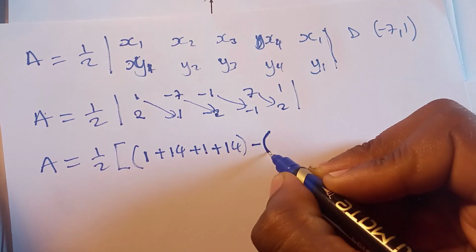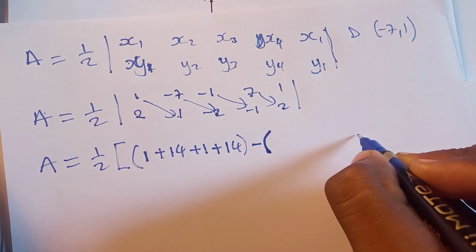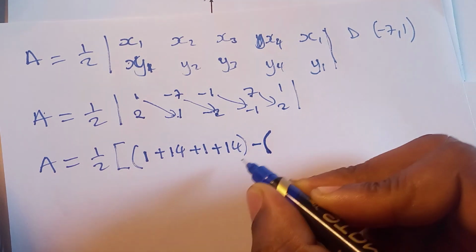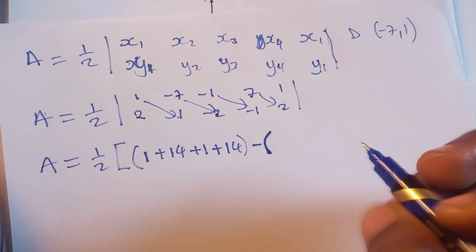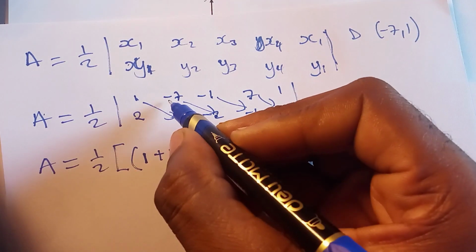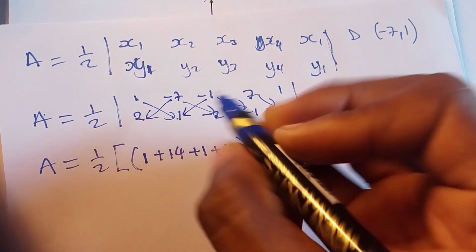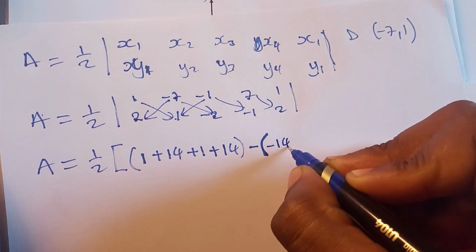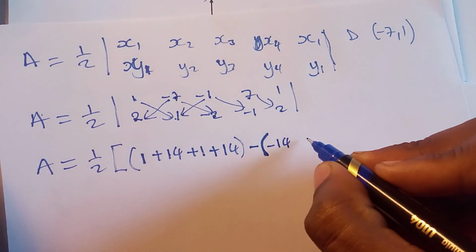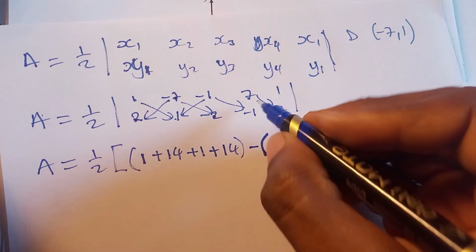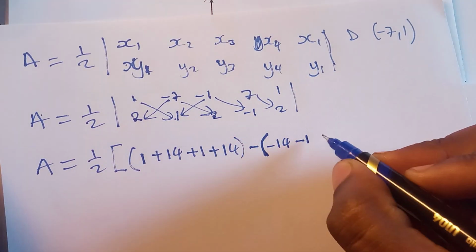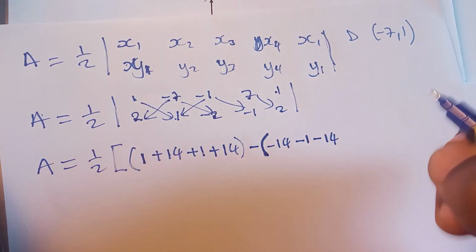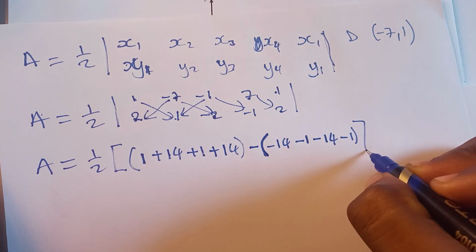The moment you leave the brackets out, everything else you write may not be correct because of this negative here. So it's minus the minor diagonals, these ones here. So you can say -7 times 2, this would be -14. -1 times 1, this would be -1. 7 by -2, this is -14. 1 times -1, this is -1.